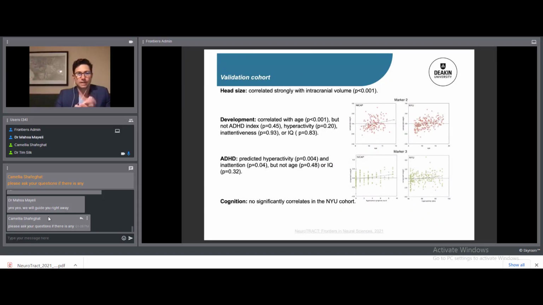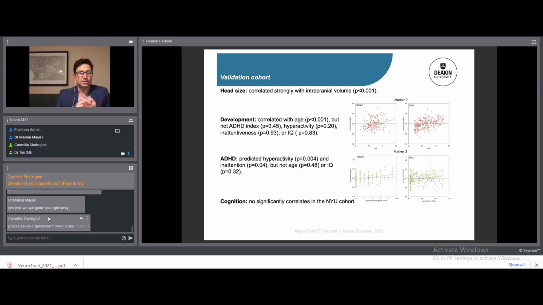So taking just our volumetric components, we were still able to predict in the external cohort. So our marker of head size was able to predict intracranial volume in the independent cohort. Our marker of development was able to predict age within the independent cohort, but importantly, that component didn't predict ADHD.